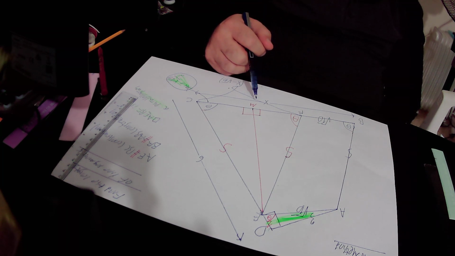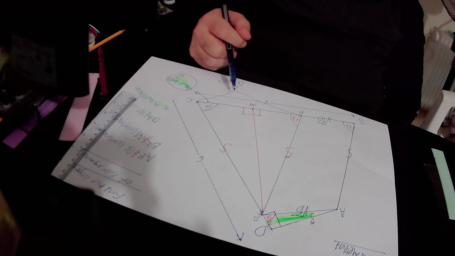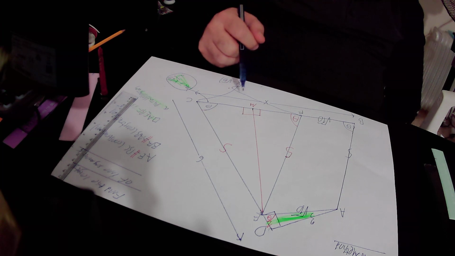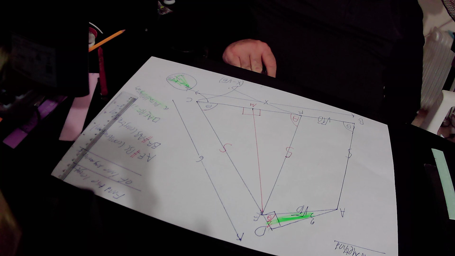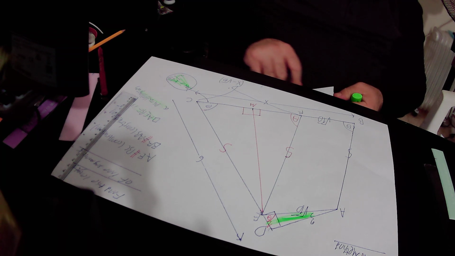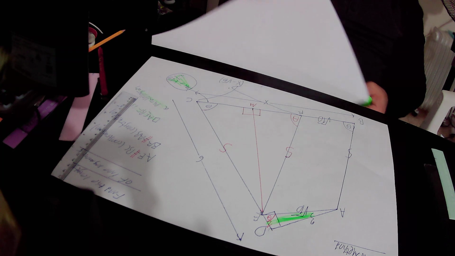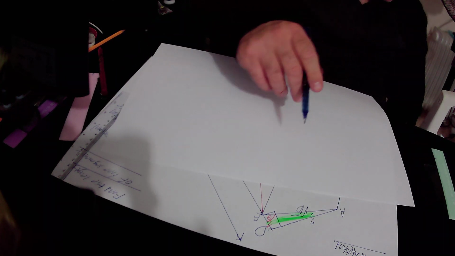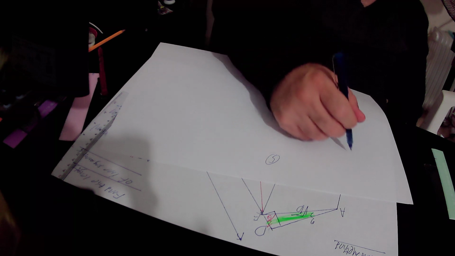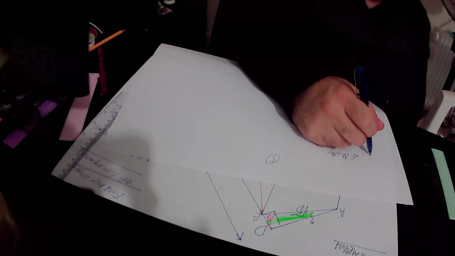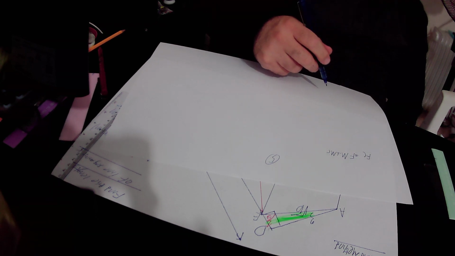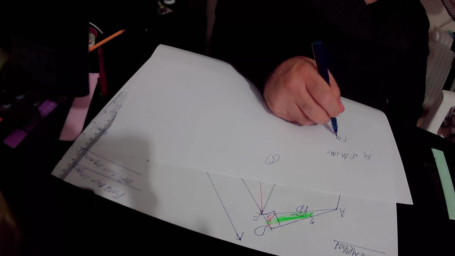Because FM plus MC equals FC from one side, but for the other side, FM equals MC.